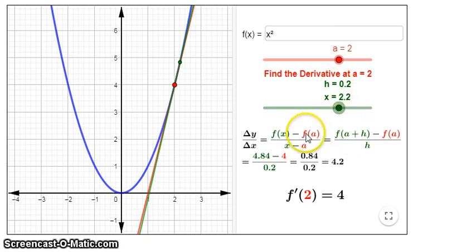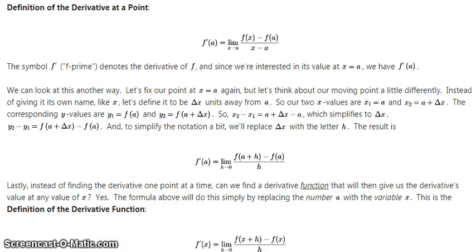So a plus h is the same thing as x. f of a is not changed, and the only thing that's changed here in the notation is that I'm using h, which is delta x, instead of calculating delta x as x2 minus x1. So that's really what's connecting these three things together. And then as I take the limit of that, I get the actual thing called the derivative, which is the slope of the tangent line right at the point, and that's what this notation down here is telling us.